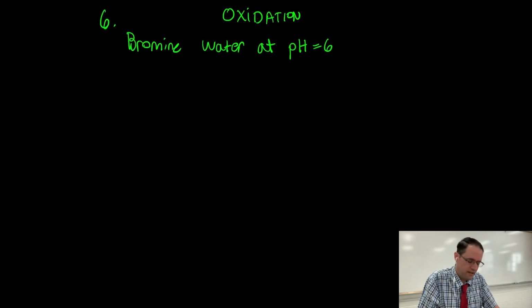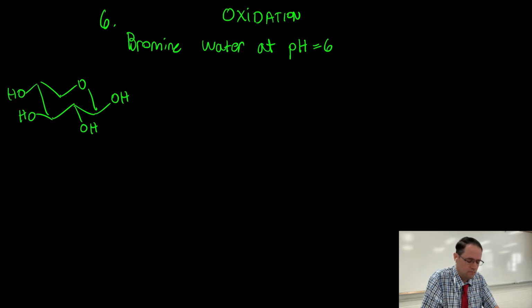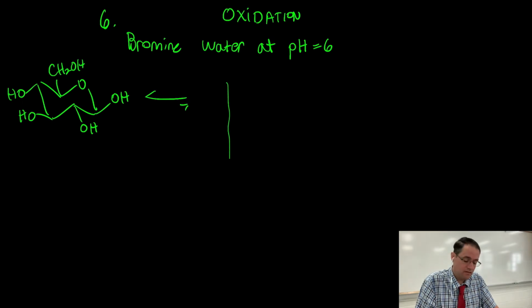So what we have here is a sugar, and we'll once again draw glucose. Recall again that this substance here is in equilibrium with the open chain form. So let's draw that. So we can see the aldehyde, and that's what we're actually going to be oxidizing here.